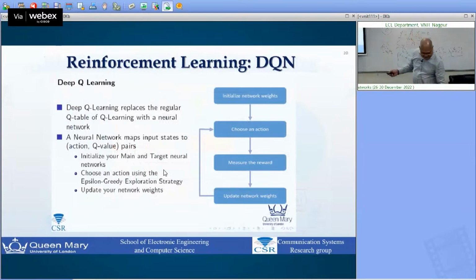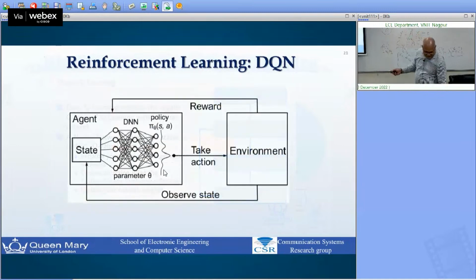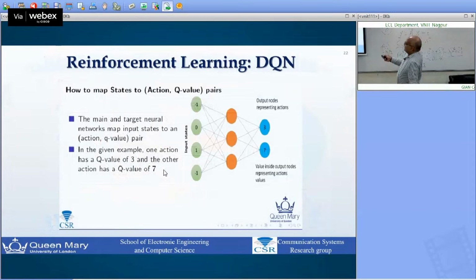Say, for example, this is just one example. Here we have a neural network, and here we have the weight vectors. For each branch we have a weight. So when we have one input state and you train this neural network, if you feed the input state, it will give the action Q value pair as output.